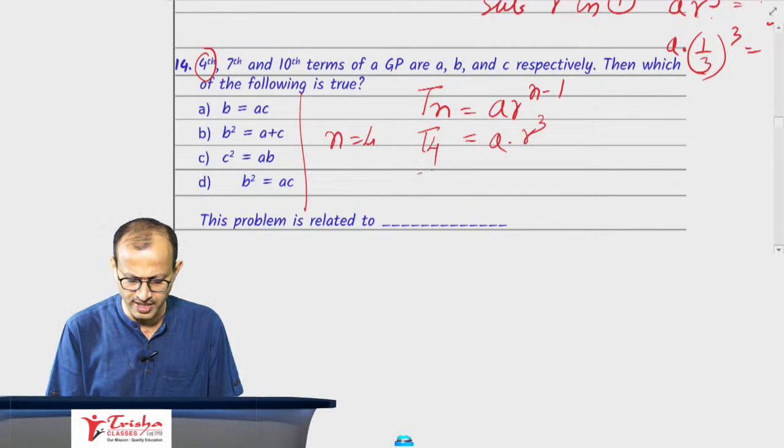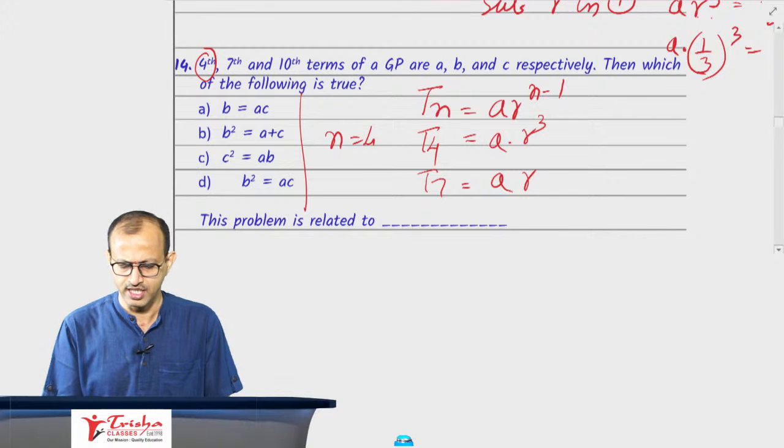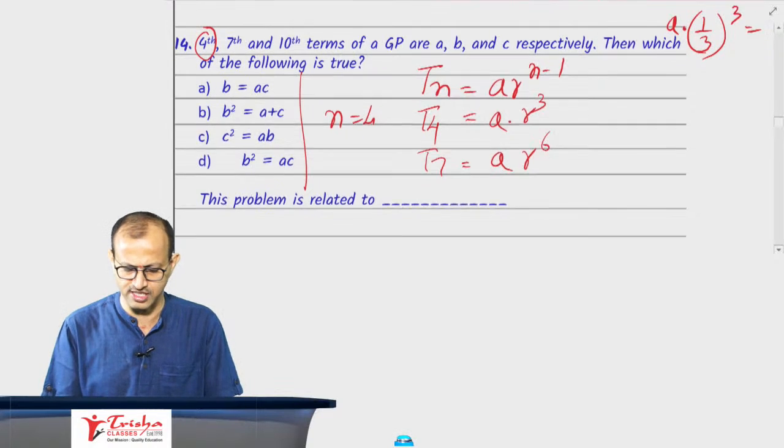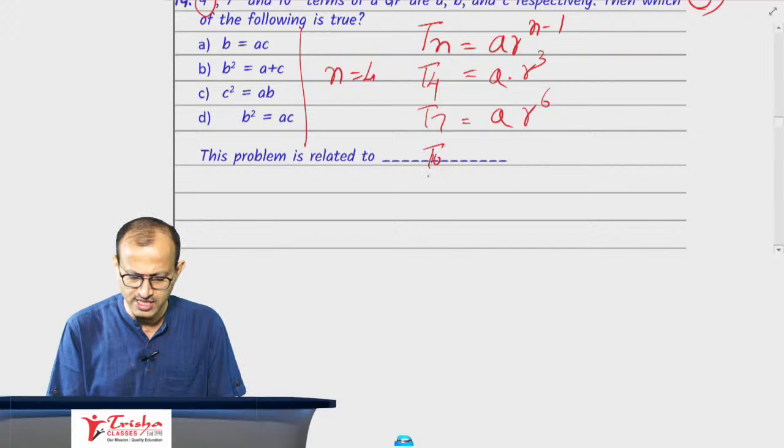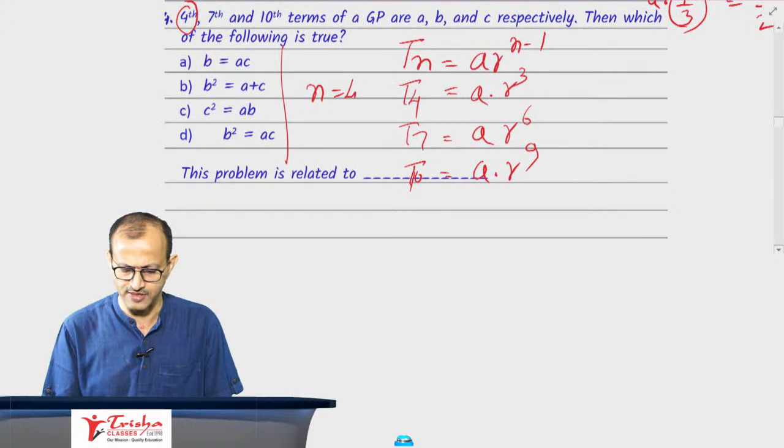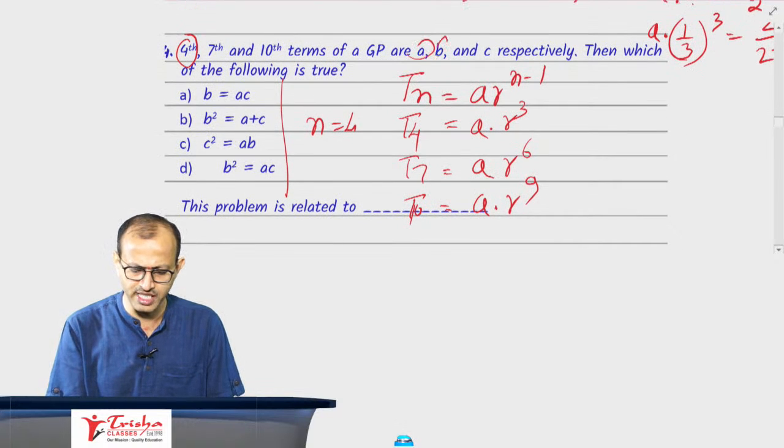Then T7 is equal to A r to the power 7 minus 1, that is 6. T10 is equal to A r to the power 10 minus 1, that is 9. You got 3 answers. It is equal to ABC.